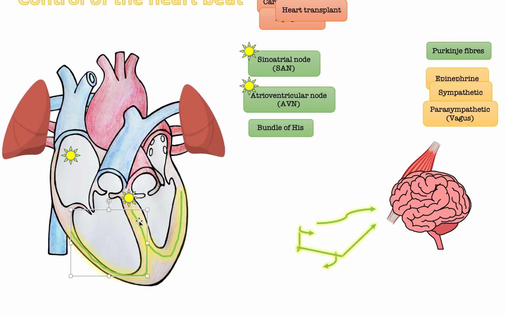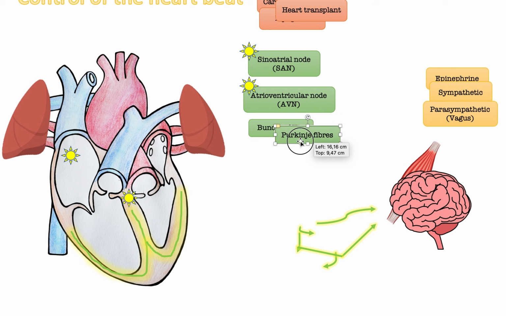They need these conducting cells in between them to tell them to contract, right? So these cells right here, in this zone before they split off, when it's singular, that's the bundle of His. And when they split off and go to the left ventricle and to the right ventricle around here, in between the muscle cells, that is called Purkinje fibers.